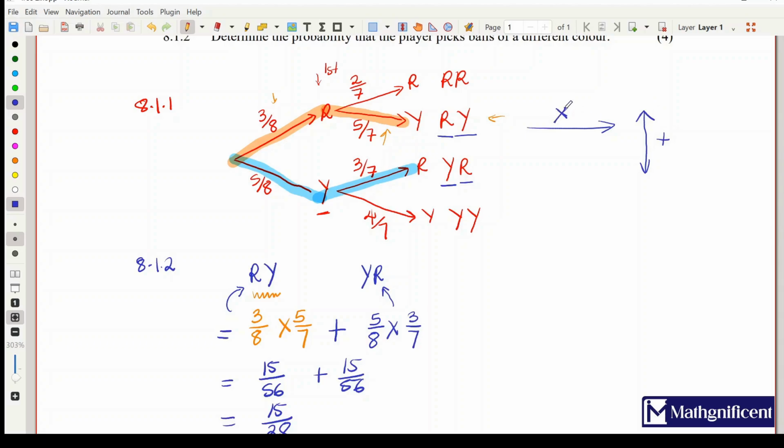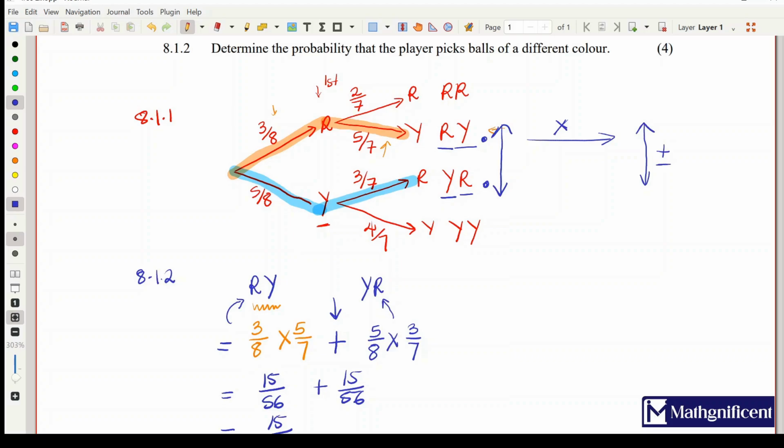These are the two things we should take note of. This is the reason why we added here: we were interested in this part and this part, so we moved up to down. Up, down, we add, and across we multiply. So this is how we work with tree diagrams.